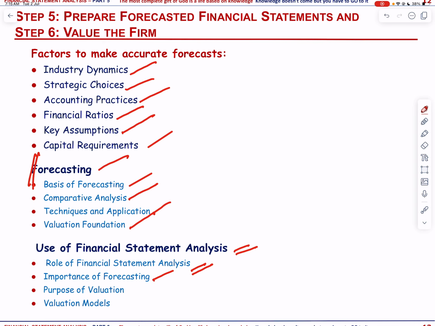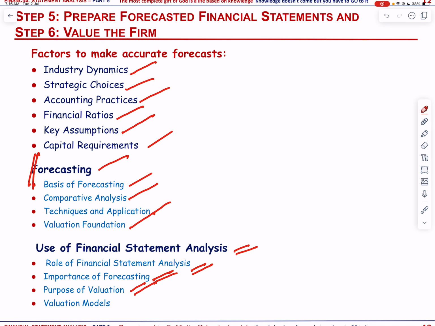Importance of forecasting, that is, forecast of future earnings, dividends, and cash flows are crucial for accurate firm valuation. Purpose of valuation: to make informed investment decisions based on reliable forecast of profitability, growth, and risk.